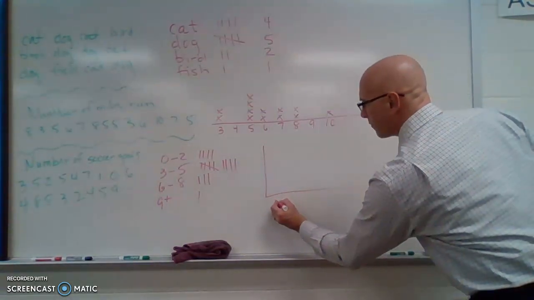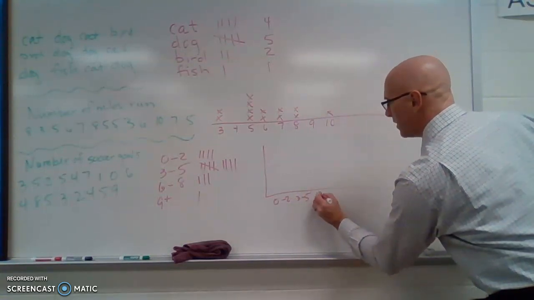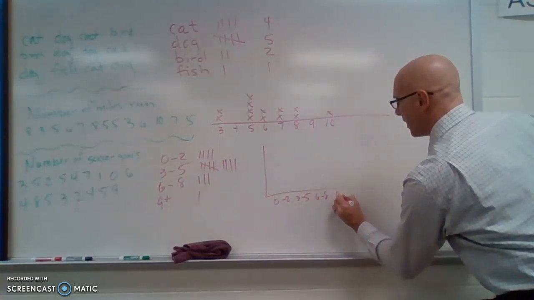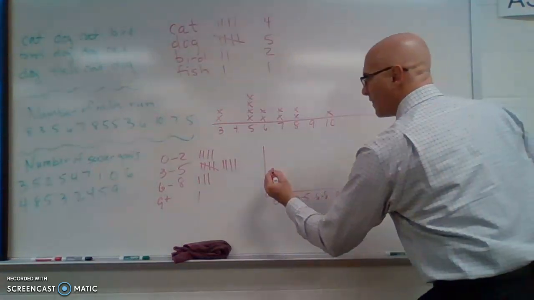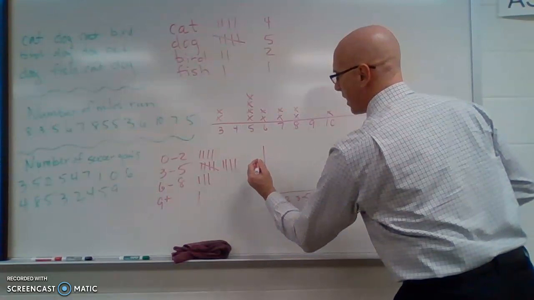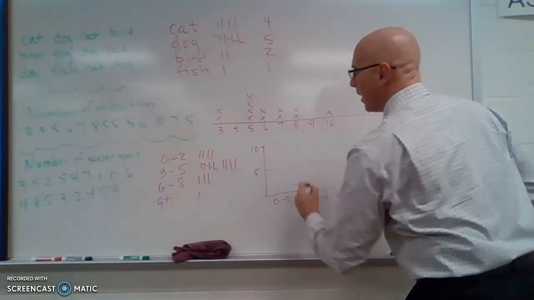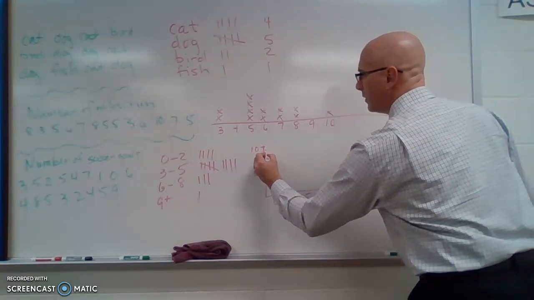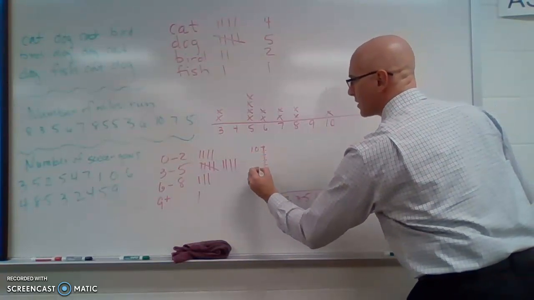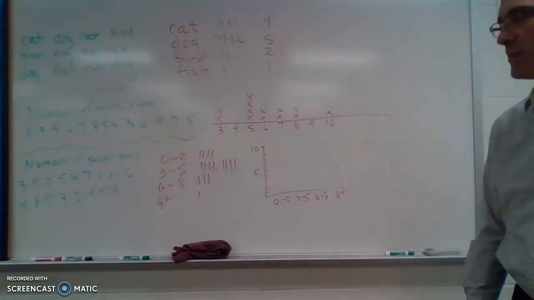Our first interval is 0 to 2, 3 to 5, 6 to 8, and 9 and above. Looking at my biggest number, which is 9, we could make 10 our top. 1, 2, 3, 4. So I'll just put that for the individual numbers.